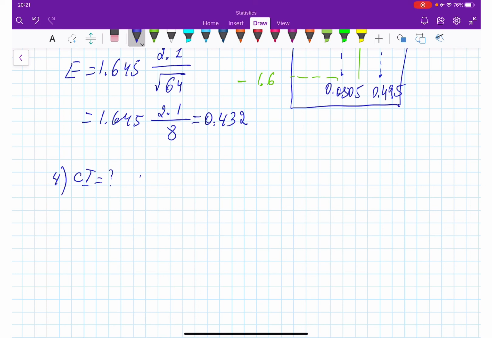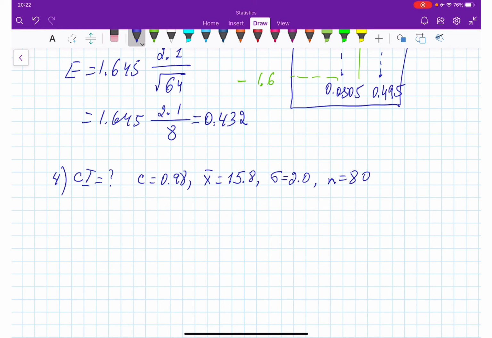What we are given: confidence level is 0.98, X bar is equal 15.8, sigma equal 2.0, and n is equal 80.